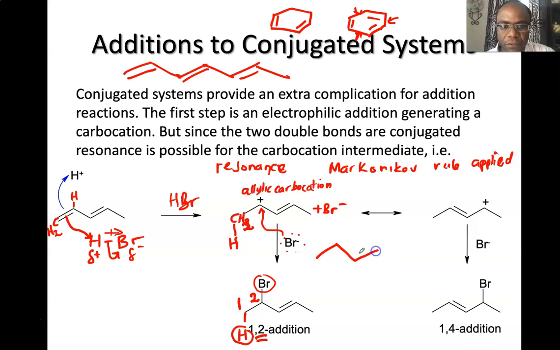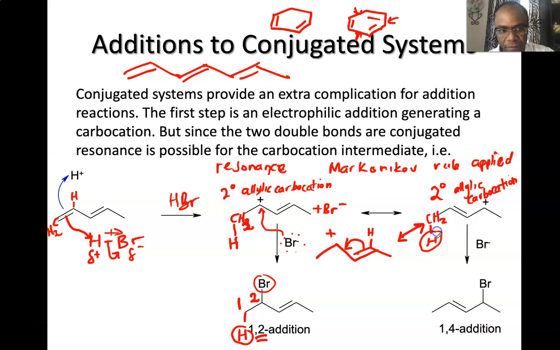Now, unfortunately, or fortunately, this double bond can move over by resonance. You're going to get this carbocation. It's still going to be a secondary allylic carbocation, just like this one was. But remember, in the first step we added our hydrogen here. That's where we added our hydrogen in the first step.